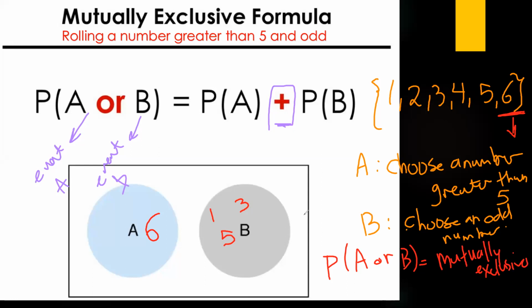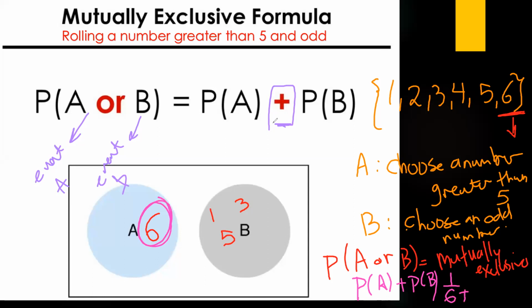So the formula of the answer will be the probability of event A plus the probability of event B. What is the probability of getting a number greater than 5? How many numbers do we have greater than 5? 1. 1/6.